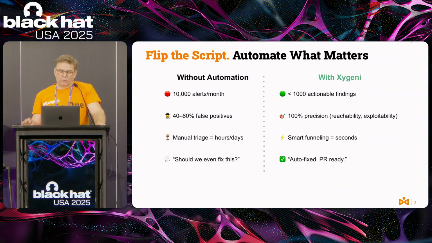We are going to automatically have precision based on attributes like reachability and exploitability of these vulnerabilities. These are the important things that affect the security of our application. We are going to remove a lot of manual activity, doing analysis, triage, and these kinds of things.